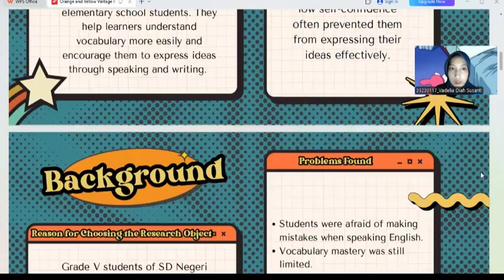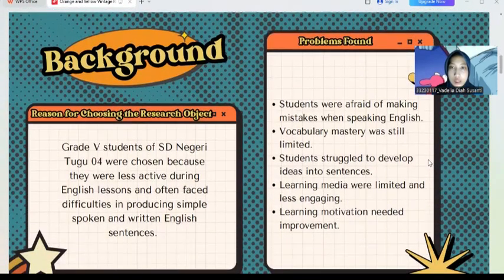And slide 5 is research object and problem found. Research object. The research was conducted with grade 5 students at SD Negeri Tugu 04.